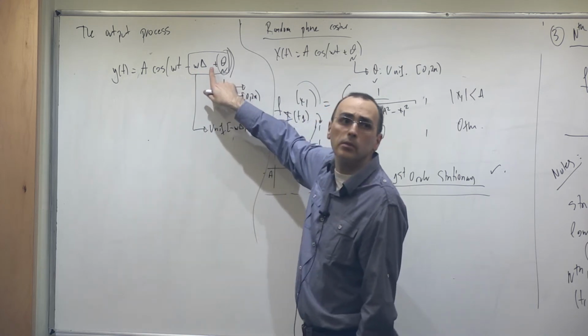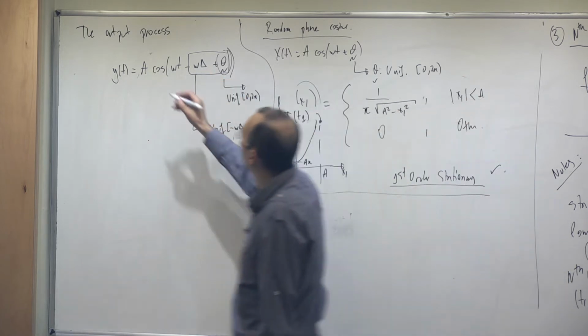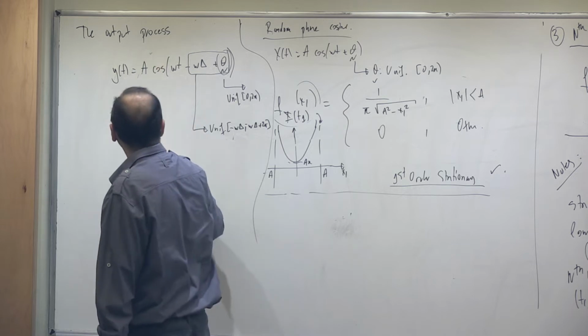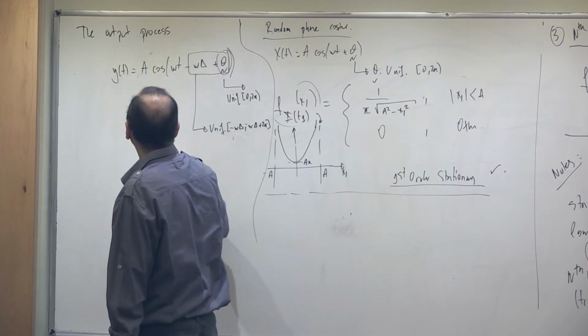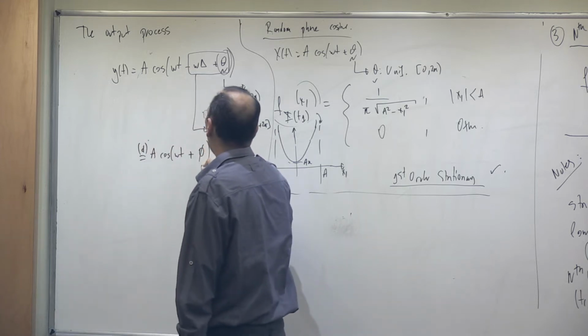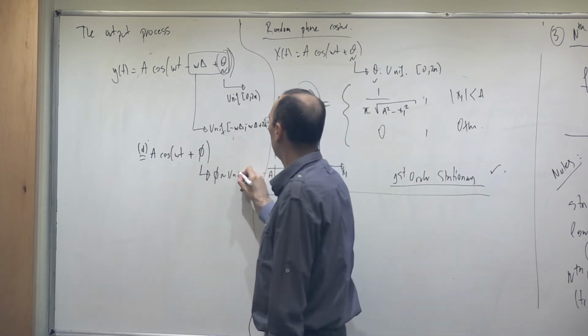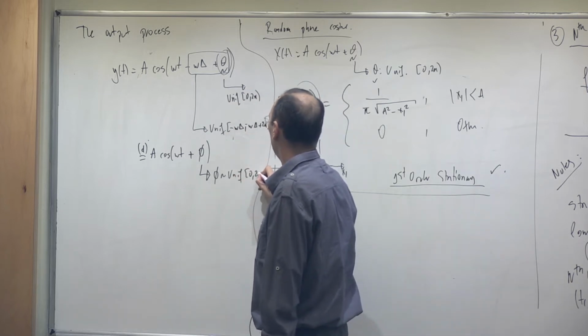Do you remember we were doing those discussions? For the joint PDF description of this random phase cosine. So this is the definition, and this is also in distribution then equal to a cosine omega t plus, let's say, phi. But this phi is, again, uniform distributed, 0 to 2 pi.